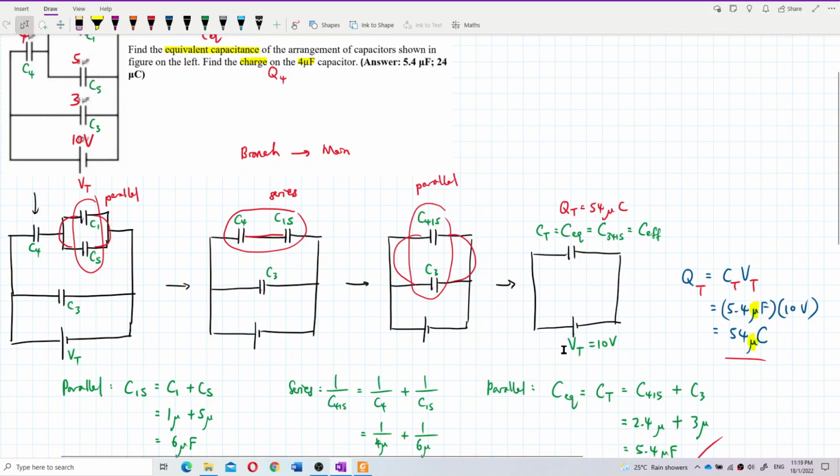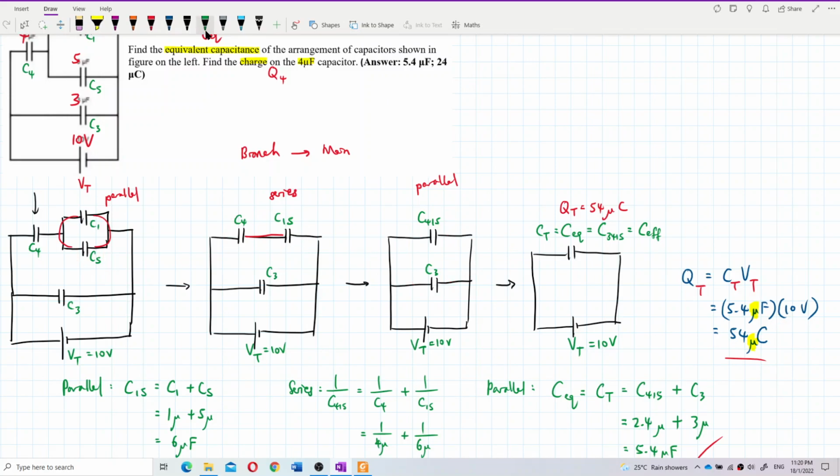Maybe we just use the V total, because this one also can help us to find other information. Look at here. I just want to put V total is 10 volt here. Okay, I want to rub this off to make things less messy.